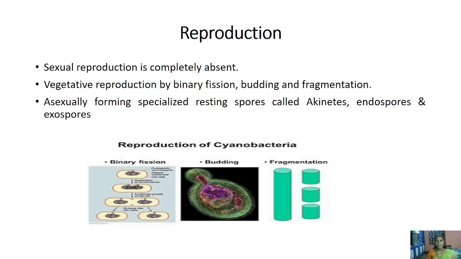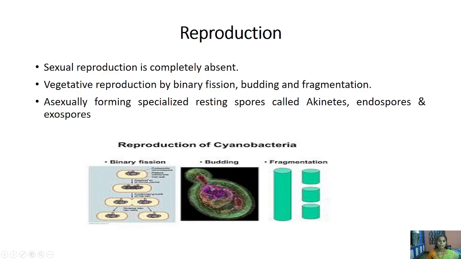Coming to reproduction, this group of organisms, that is cyanobacteria, reproduce by two methods, vegetative as well as asexual means, where sexual reproduction is completely absent. The cyanobacteria reproduce vegetatively by three different methods like fission, budding, and fragmentation.